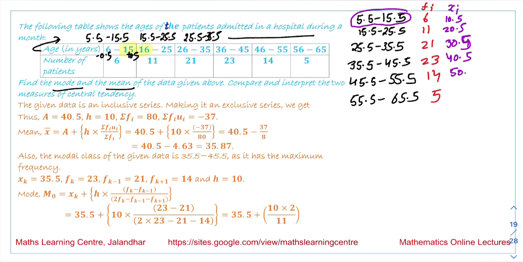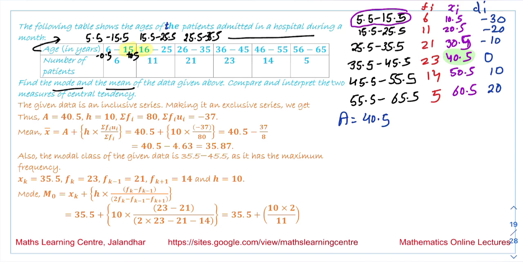Now we are assuming the mean to be 40.5. We are using the assumed mean method. So the value of A that we are assuming over here is 40.5. So the value of Di we will obtain will be minus 30, minus 20, minus 10, 0, 10 and 20.